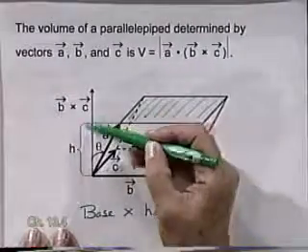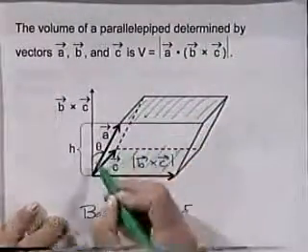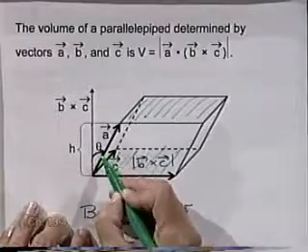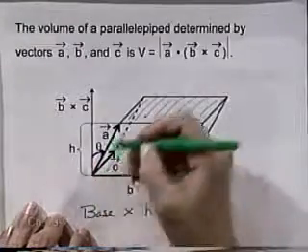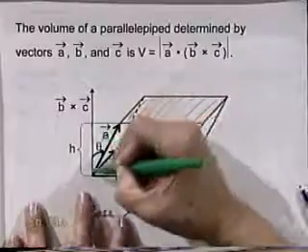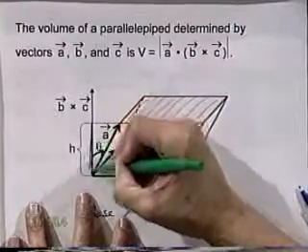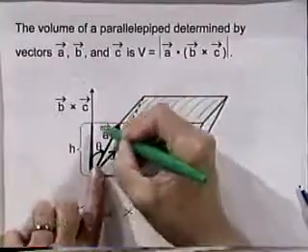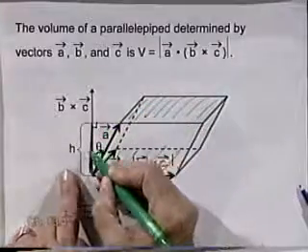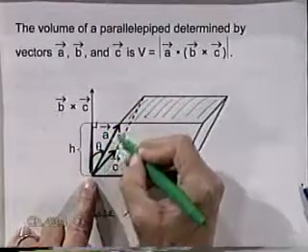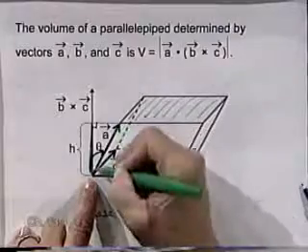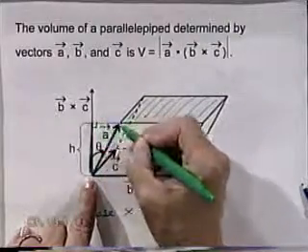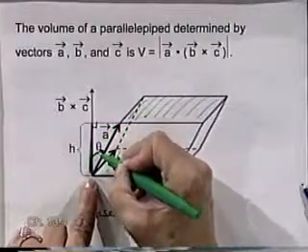Now, to get this height, do you see I have a little right triangle here? If theta is the angle between a and b cross c, then notice if this is my theta and here's my right angle, the length of A is your hypotenuse. What's this side in that right triangle? Is it adjacent or opposite with respect to this angle?